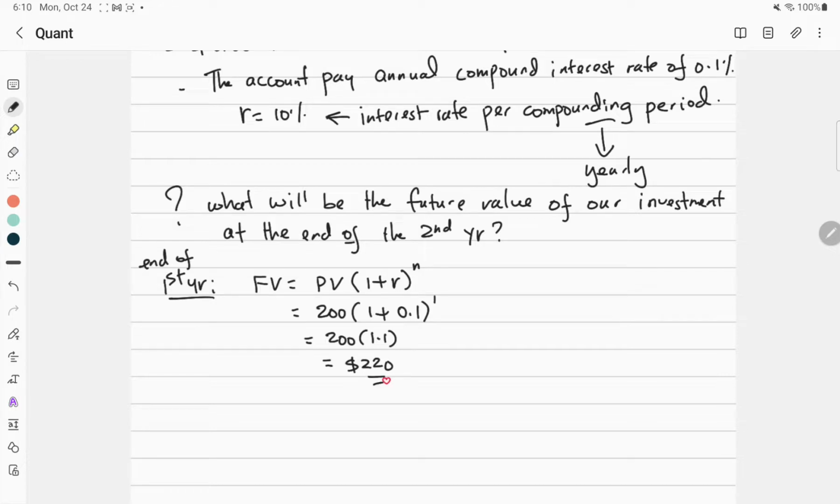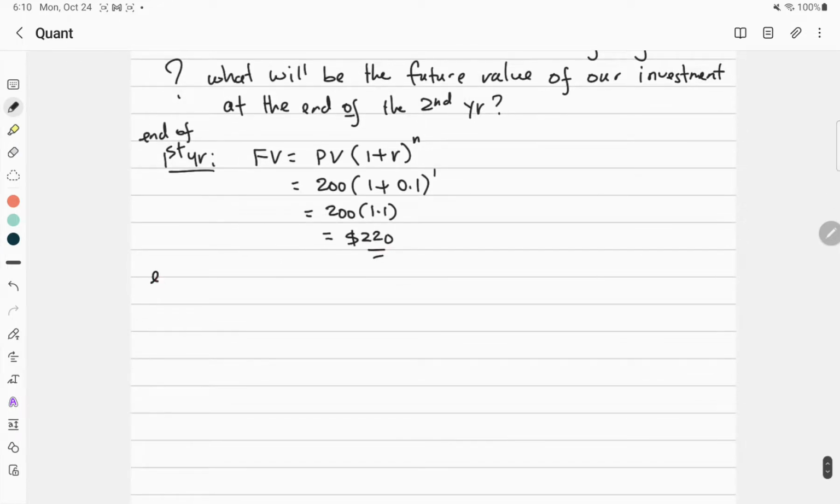Now, what about at the end of the second year? Again, the future value is calculated as present value times 1 plus the discount rate raised to n. But now our present value is not 200, but 220. So this 10% interest rate in the second year is applied not on the original investment, but on the original investment plus the interest that we got in the first year.